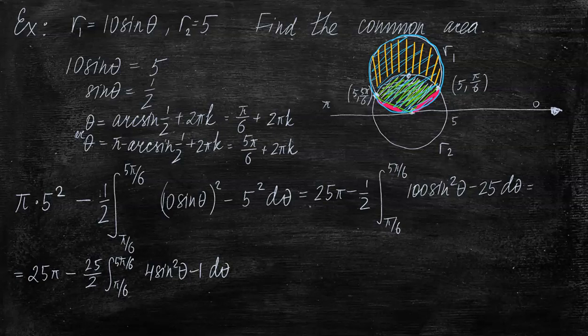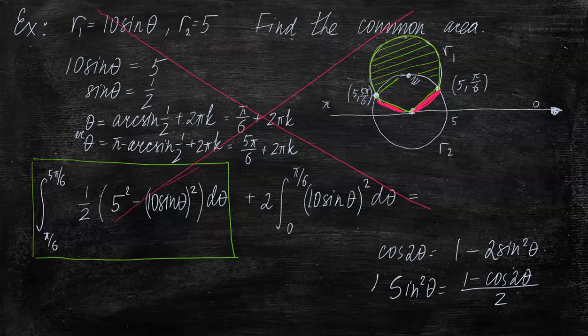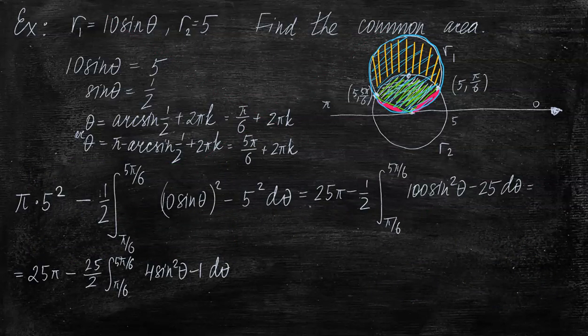Instead of 4 sine squared theta, I'm going to write this: when you multiply that by 4, the 2 is cancelled, so we have 2 minus 2 cosine 2 theta, and we have minus 1 d theta, and minus 1 can be combined with 2, so this is what we have. And let's continue solving this.